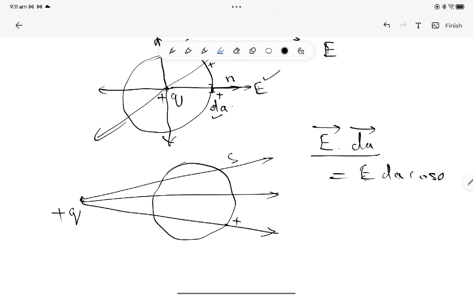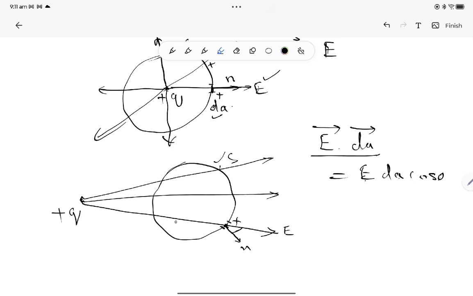Flux will be positive, simply because if you take an area element, its normal will be this normal, this will be the electric field, and this angle will be an acute angle. Cos theta will be positive.